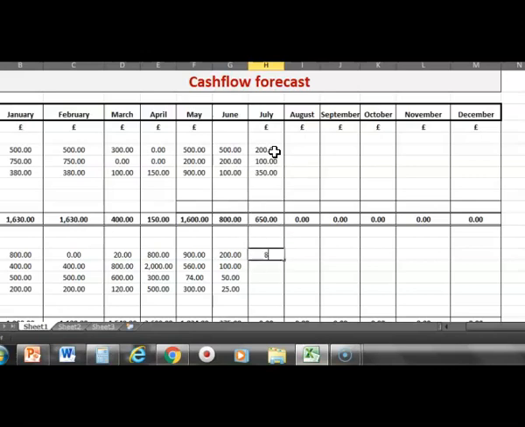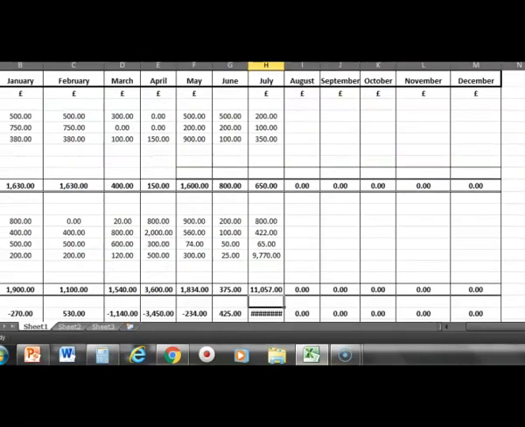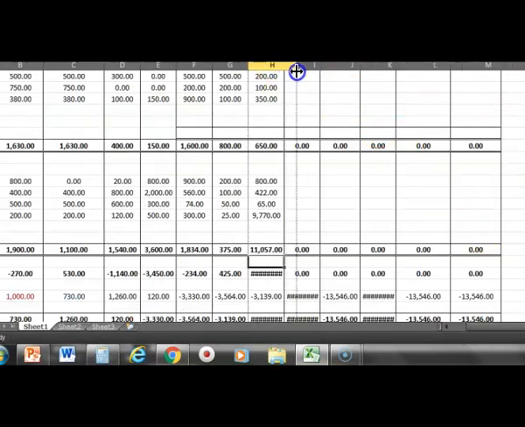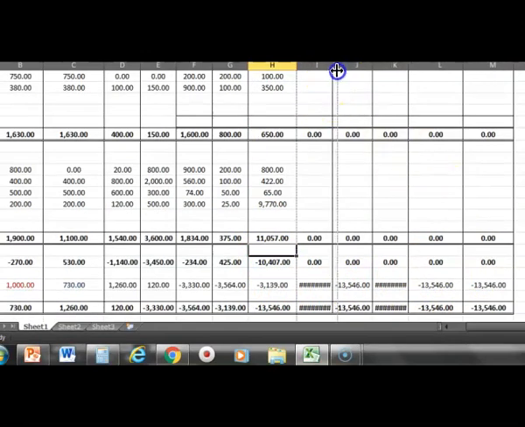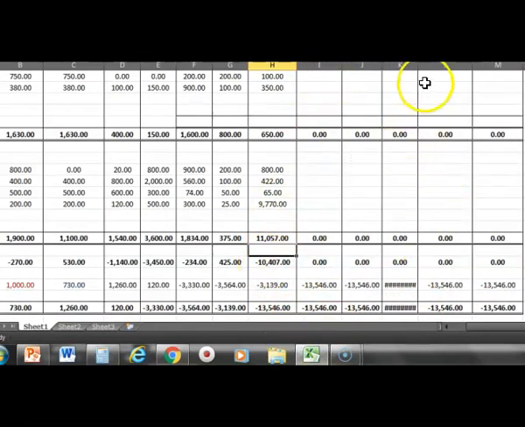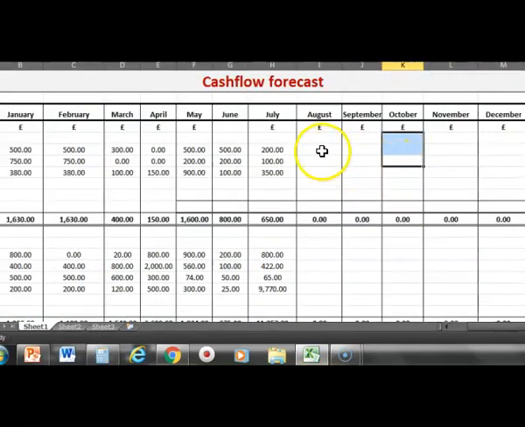So they'll be coming up with a different cash flow forecast for each month. So this is how companies do their cash flow forecast. Because I'd already put formulas in to calculate it automatically, but it's the same way if you are calculating manually as well.